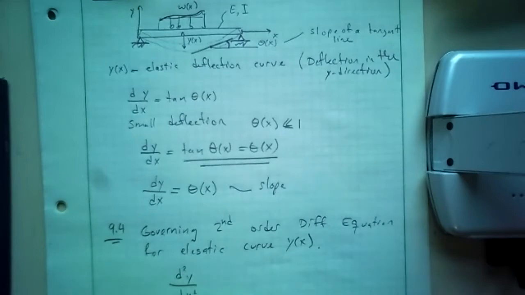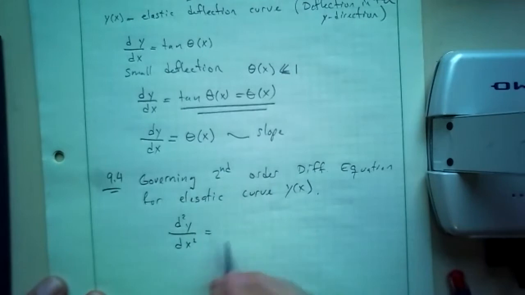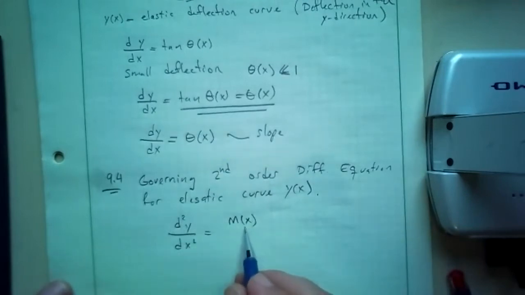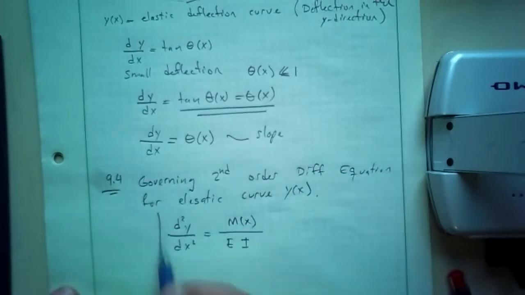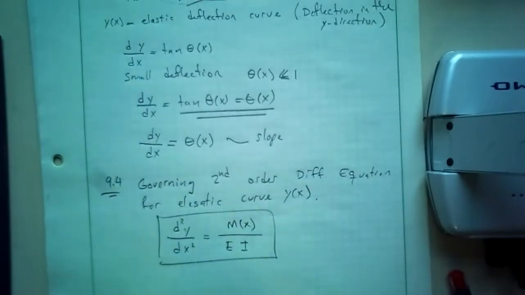It's d squared y over dx squared, and that's related to the internal moment divided by EI: E is the elastic modulus, a material property, I is the area moment of inertia, a geometric property, and M is the internal moment. So that's the governing second-order differential equation for the elastic curve.